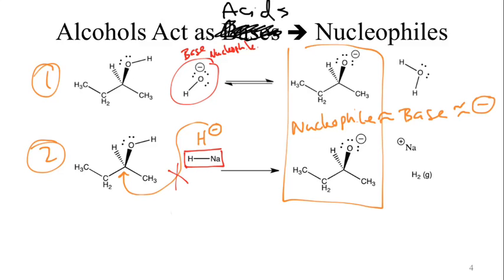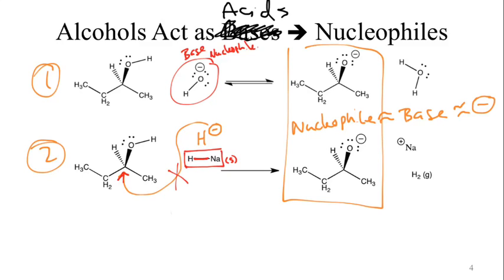Sodium hydride, and in particular that hydride, is so ridiculously unstable that the bond is maintained, and sodium hydride remains as a solid. Okay, well, why is that important? Well, for our hydride to act as a nucleophile, it must be free-floating in solution so that it can get close enough to do that backside attack.